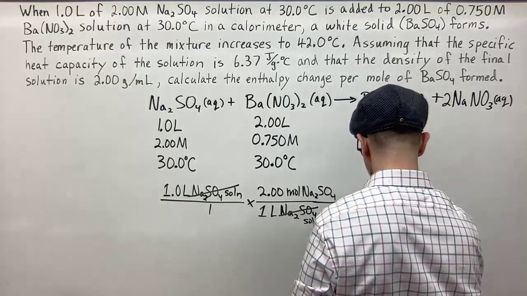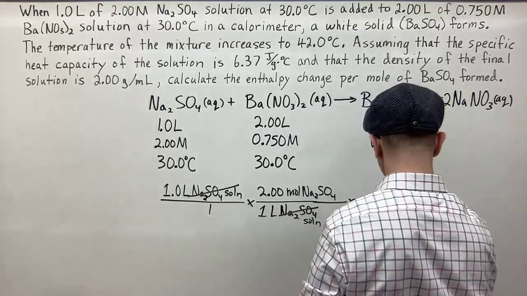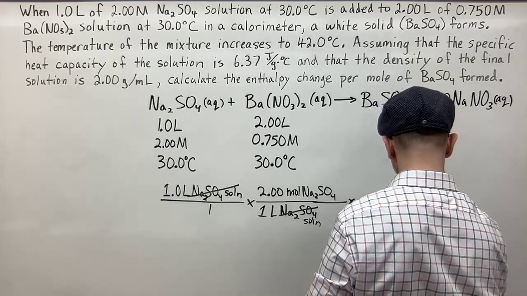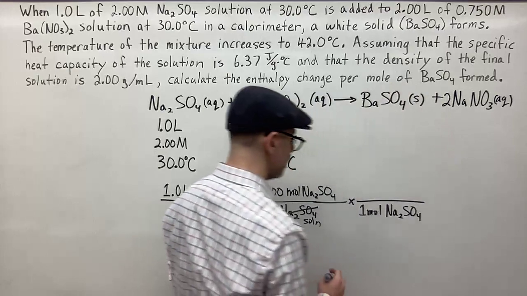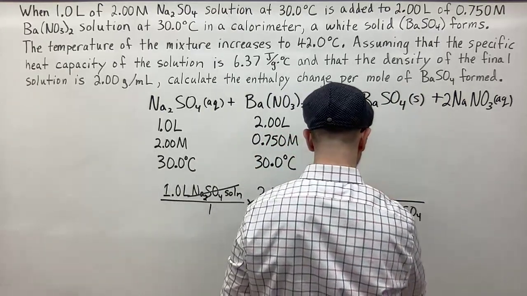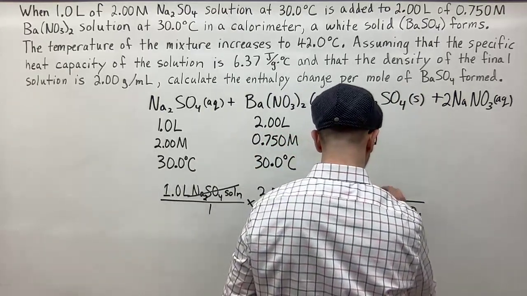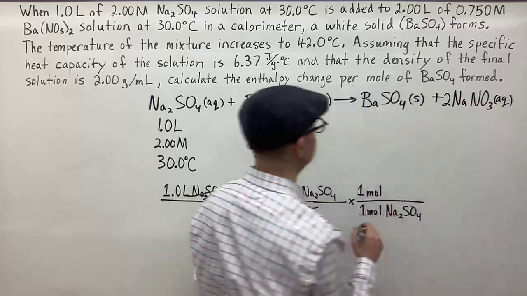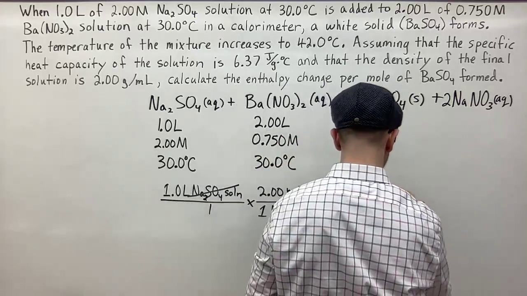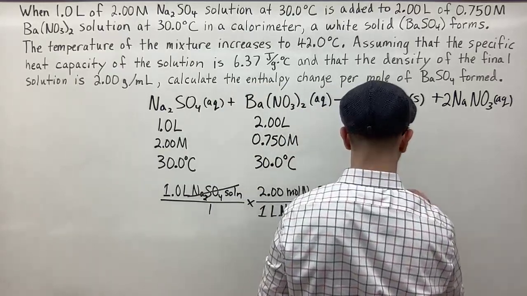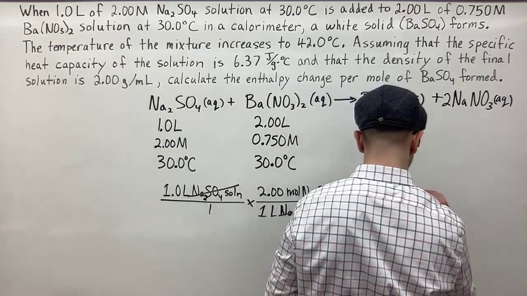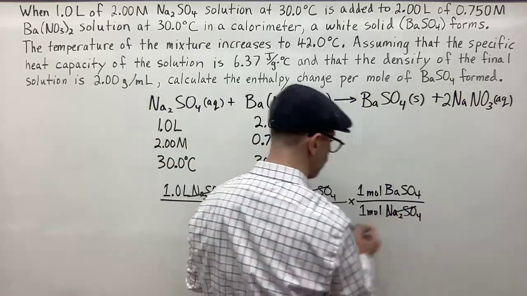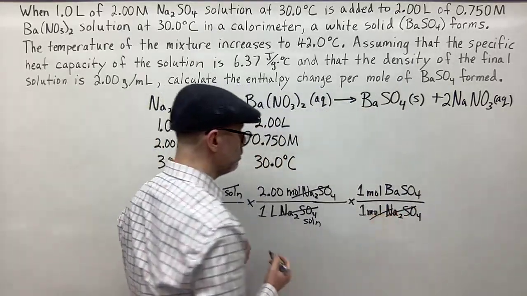So 1 mole of sodium sulfate on the bottom and 1 mole of the barium sulfate on top. So moles of the sodium sulfate cancel out.